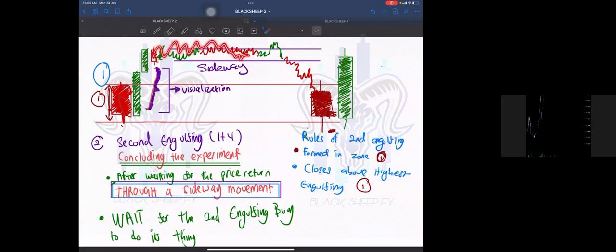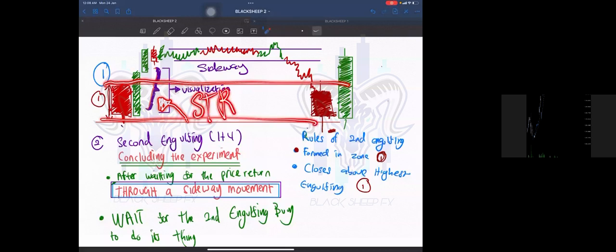Why does the sideway need to happen before the appearance of the engulfing buy number 2? It is to simply prove that the first buyers that created the zone are strong. If the buyers were really strong, would the sellers up here be able to push the price down quickly? No, Rajat, stop saying all this bullshit, contraction to expansion movement.